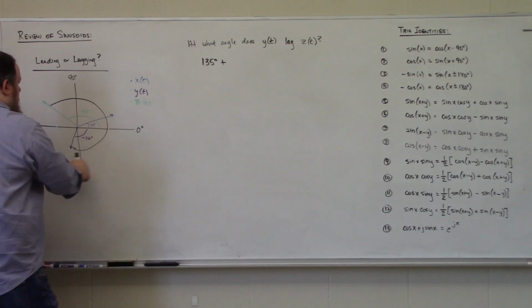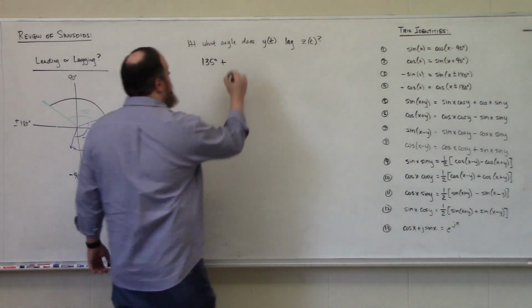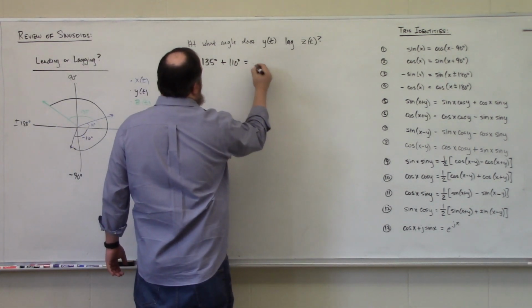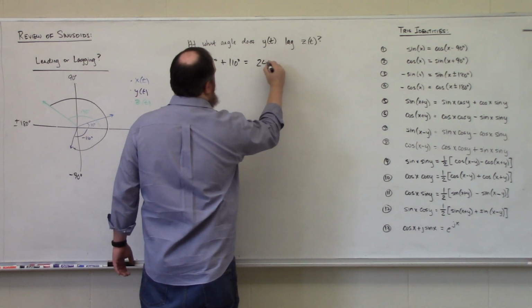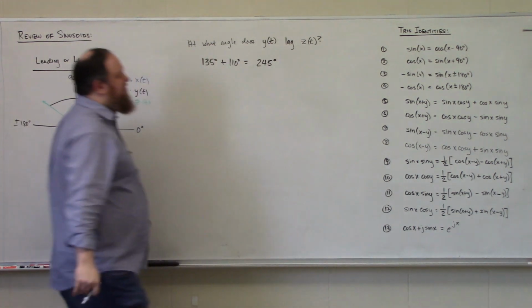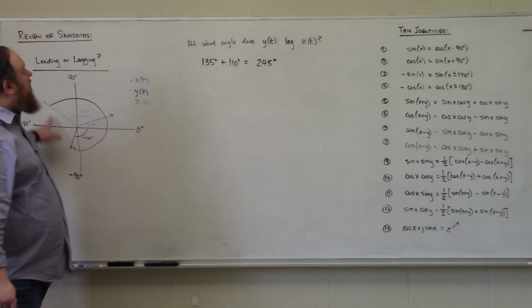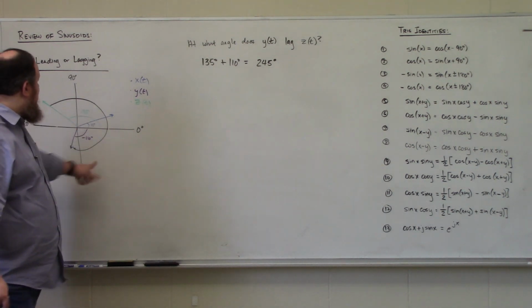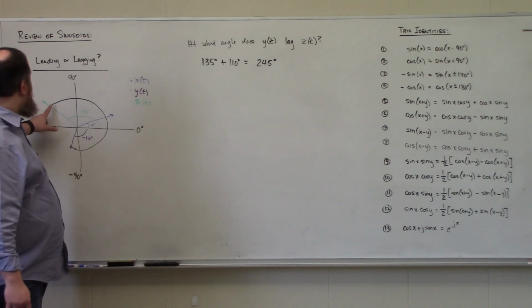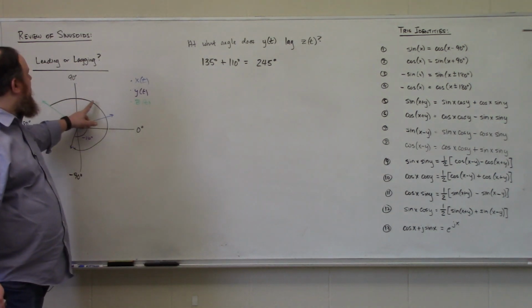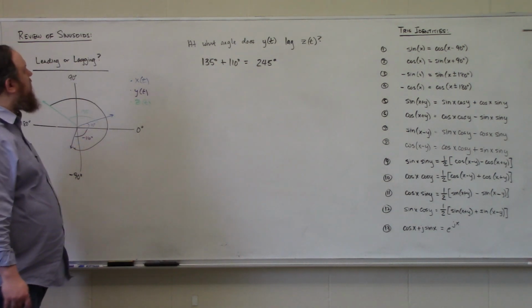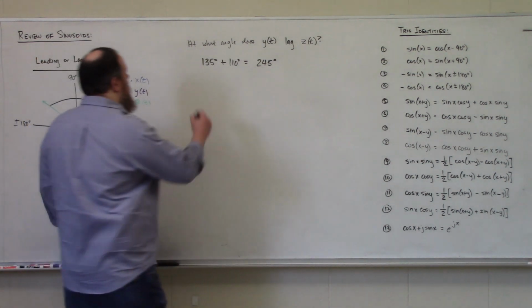And then we have 110 more degrees. So that is going to give me 245 degrees. It's that easy. Y of t lags z of t by that amount. So we start measuring from z of t where our angle is getting more and more positive the further we go around our circle.